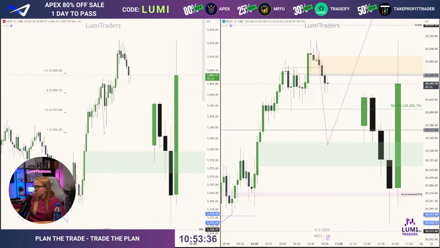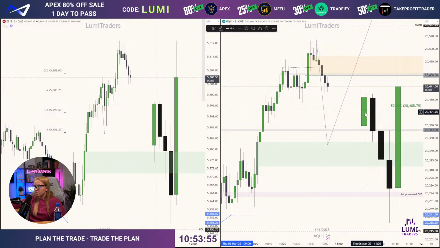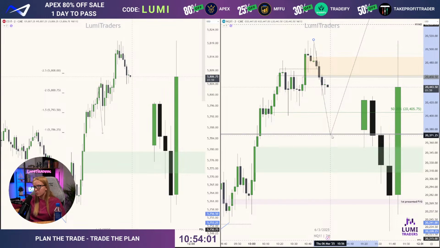I will be surprised if it does not go lower right now, to at least reach the 15-minute fair value gap, which is at the 400 level. This dark gray line, I'm going to make it bigger. At least a retracement right here. If not the 5-minute fair value gap, at least right here.